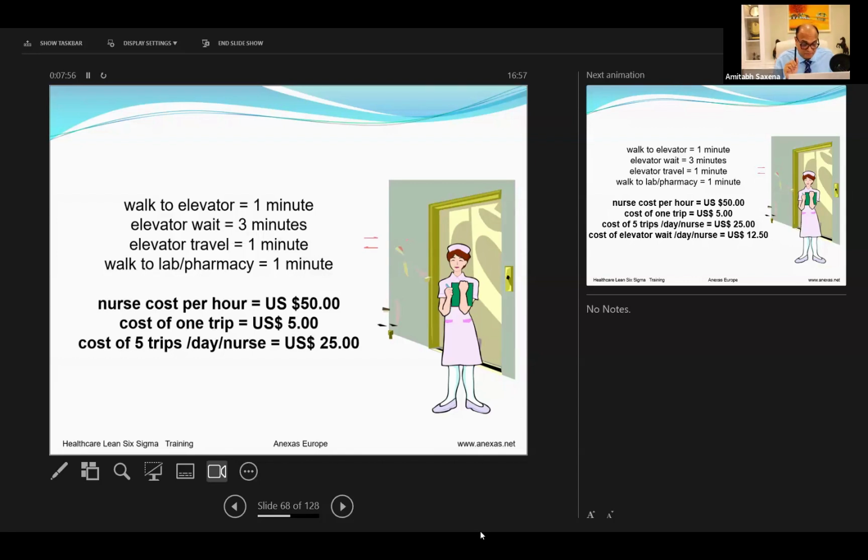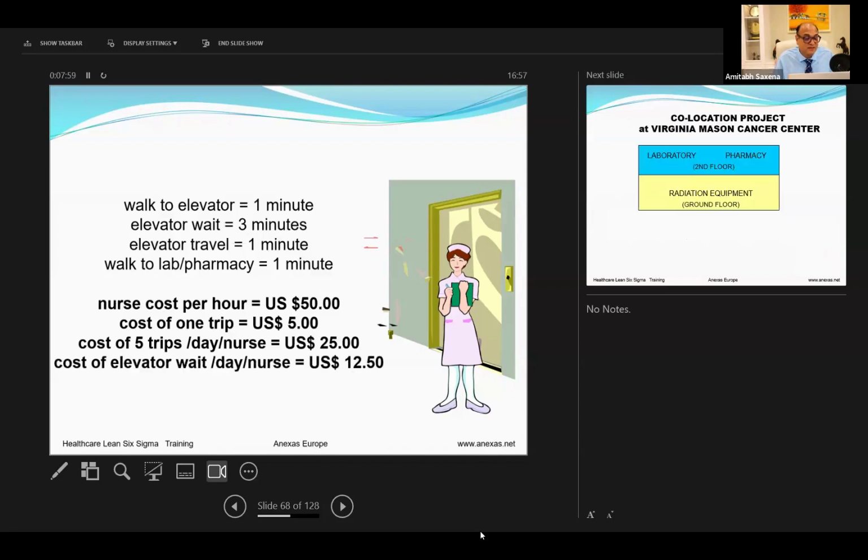You will be surprised to know that if you multiply this by 300 days and 200 nurses working in this hospital, it runs into $1 million. The losses just from walking to the elevator can be so much for hospitals, and we are not aware of it.